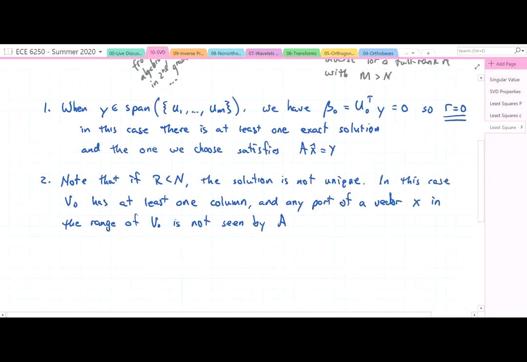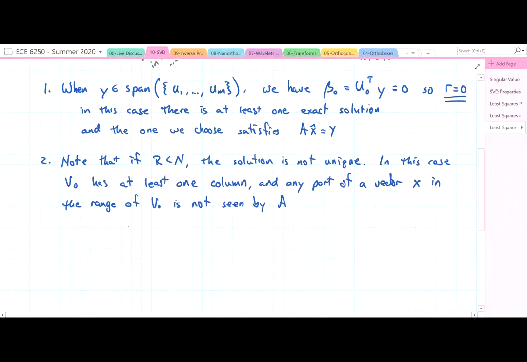Essentially, if we had A V naught alpha naught, so this is the part of x that is in the subspace spanned by V naught, it's just going to be U sigma V transpose V naught alpha naught, and this is always going to be 0, so that's equal to 0.